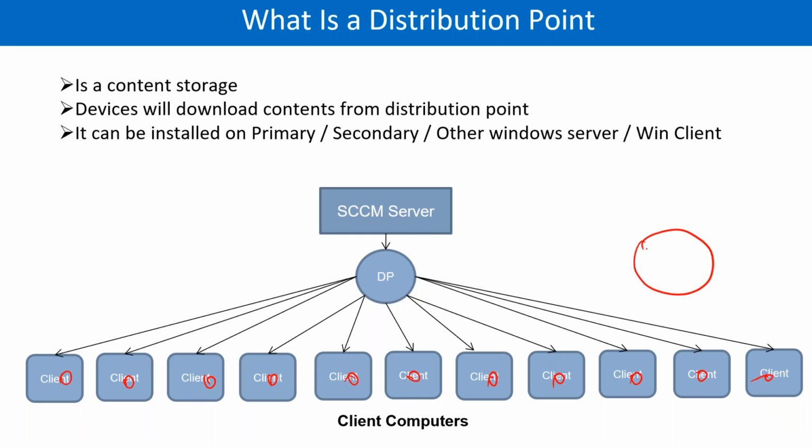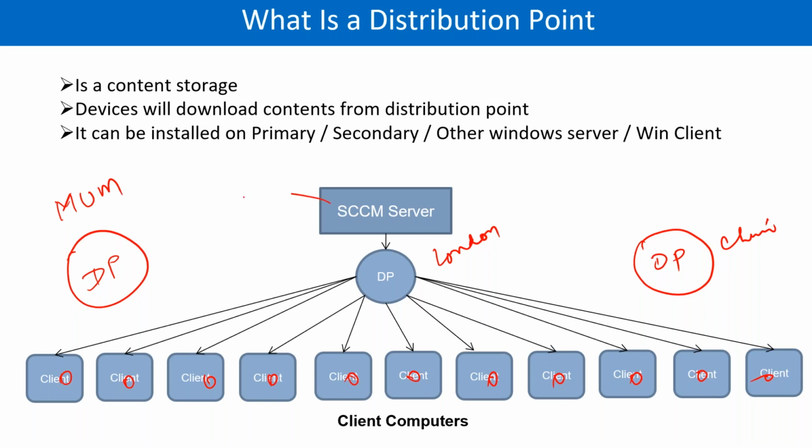For example, you have Mumbai, Chennai, and London. This one is the Mumbai distribution point, this one is the London distribution point, and this one is the Chennai distribution point. Each region will have its distribution point. The SCCM server will put the content, the file, on the distribution point, so that computers in that region, for example, these three machines in Mumbai, will download from the Mumbai distribution point.